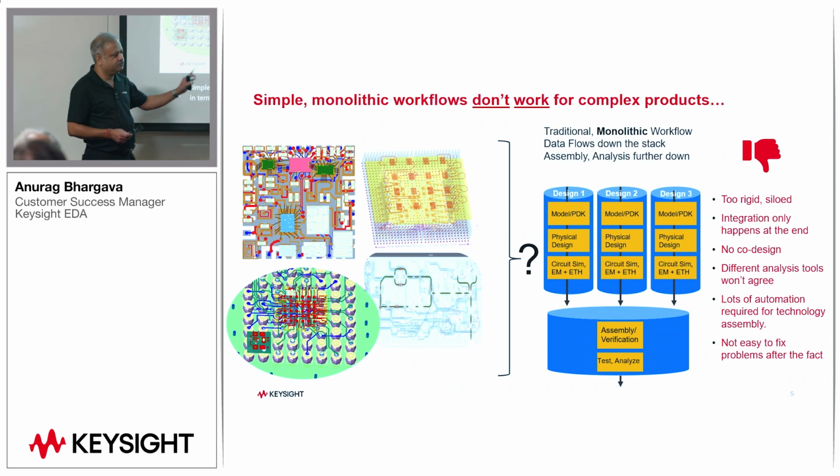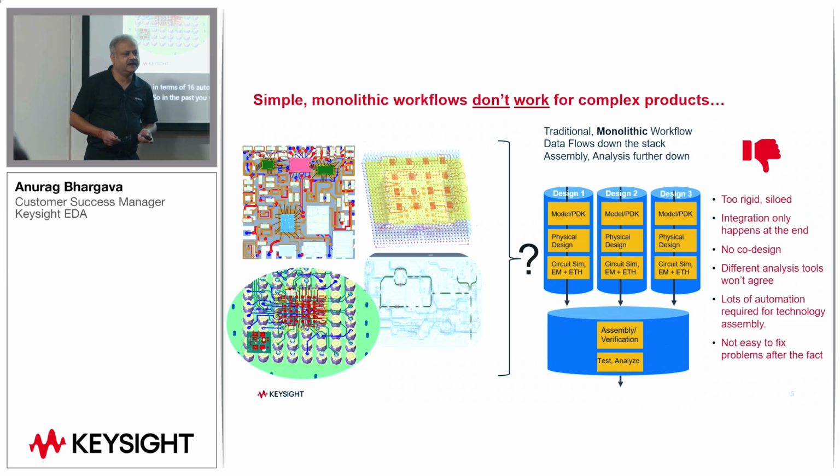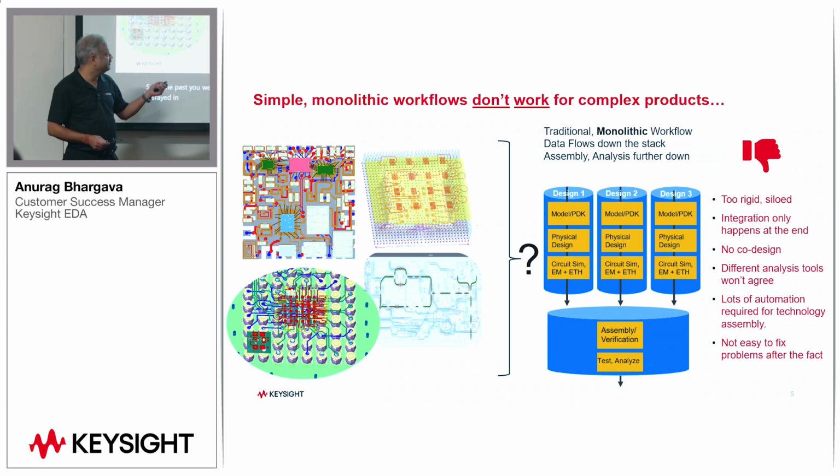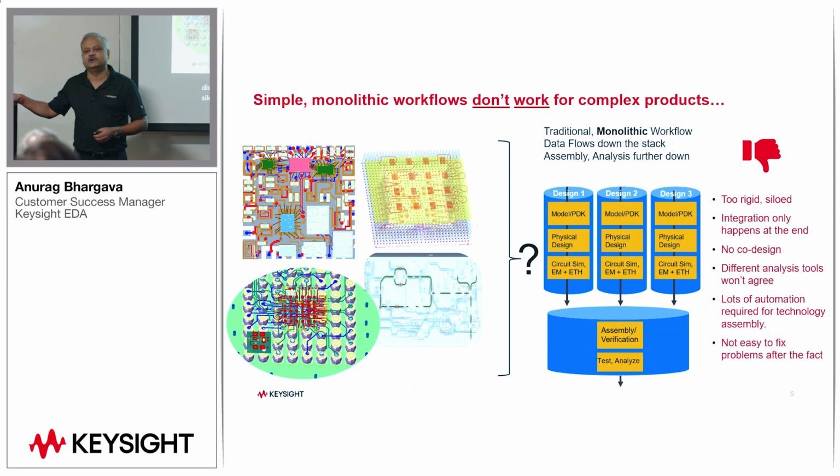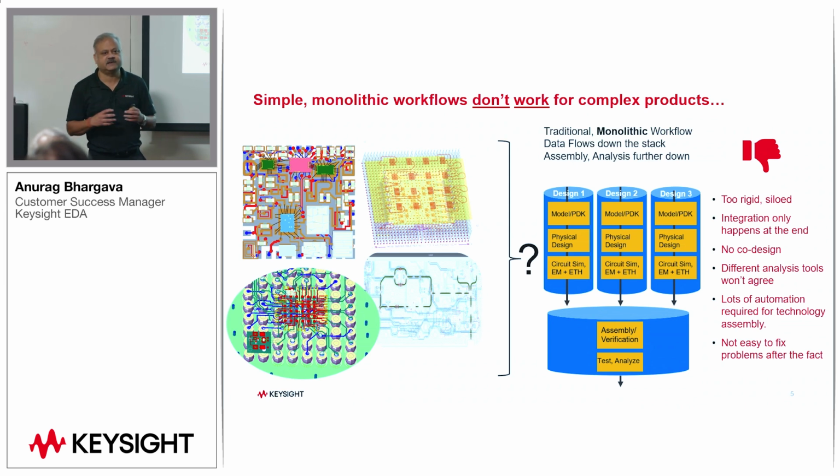So in the past, you were able to survive by having a few things which are essentially designed in isolation. You could have different teams doing different kinds of stuff in their own silos.